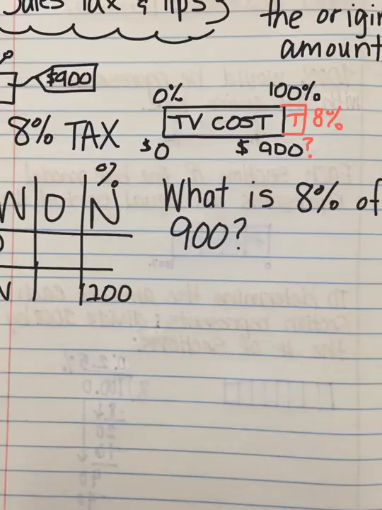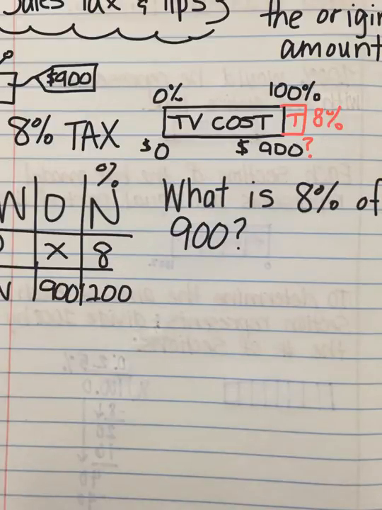Looking at our scenario, it says what is 8% of 900. Where does that 8% go? Right under the N above the 100, right? It's going to go there, okay? Now, 900, is that the part or the whole? That's the whole. That's the entire amount. So that's going to go down here, and we're looking for this one, okay?